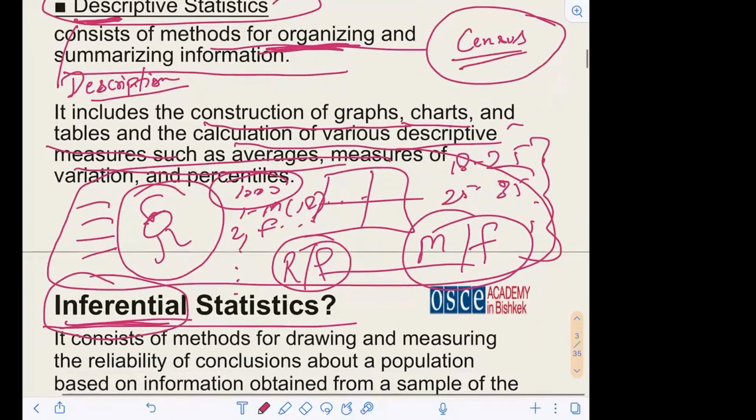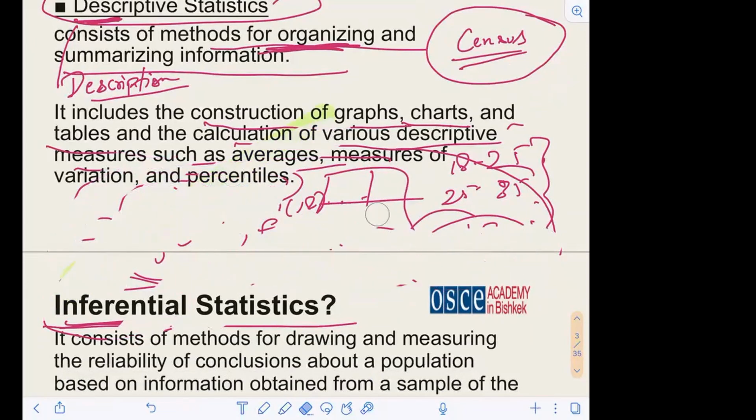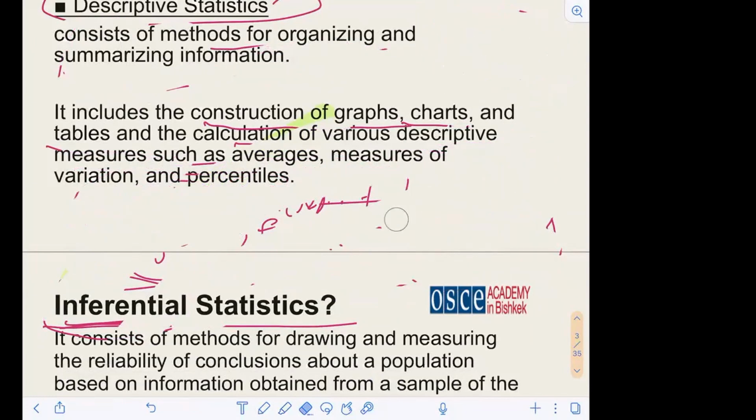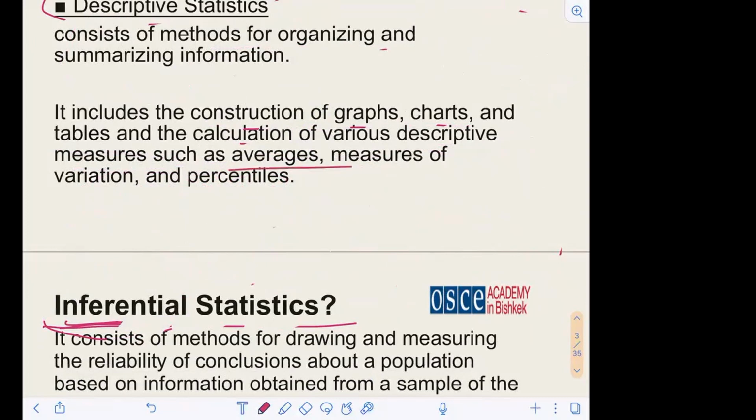Now, I'm sure all of you are aware of averages, right? At least you must have heard of the mean, the mode, the median. But in statistics, I am talking about the simple mean.